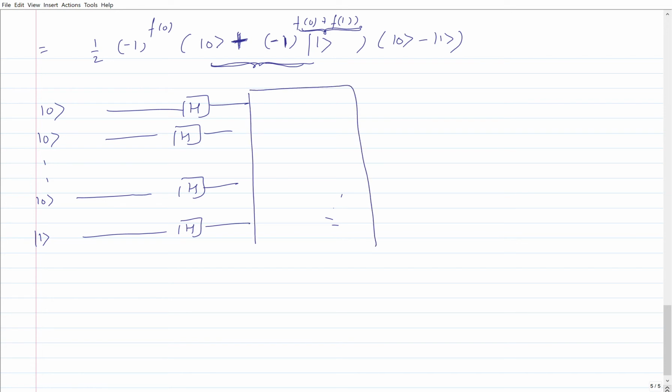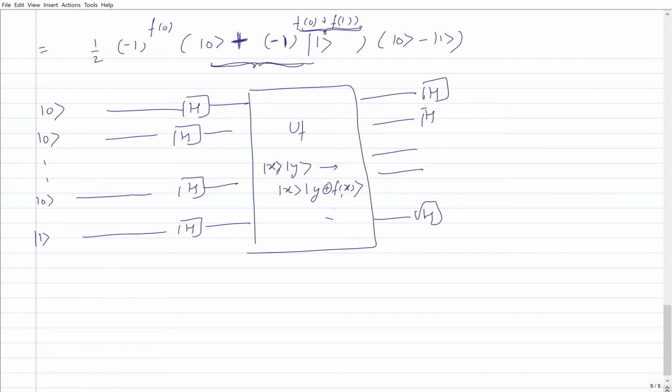Now I have my black box, again U_f, which is going to take x, y to x, y plus f(x). And then I have a set of Hadamard gates again, and then I make measurements.